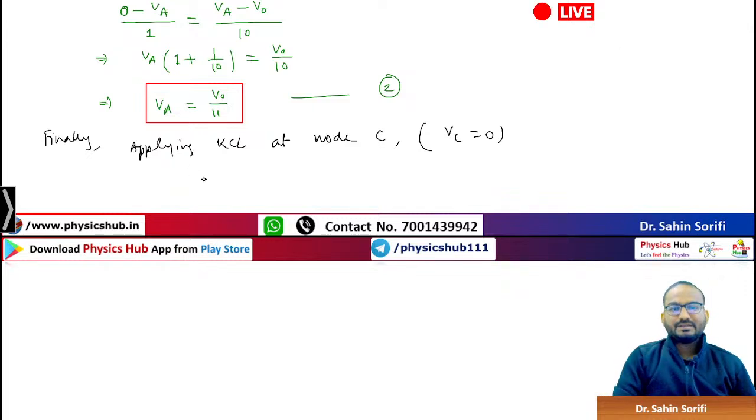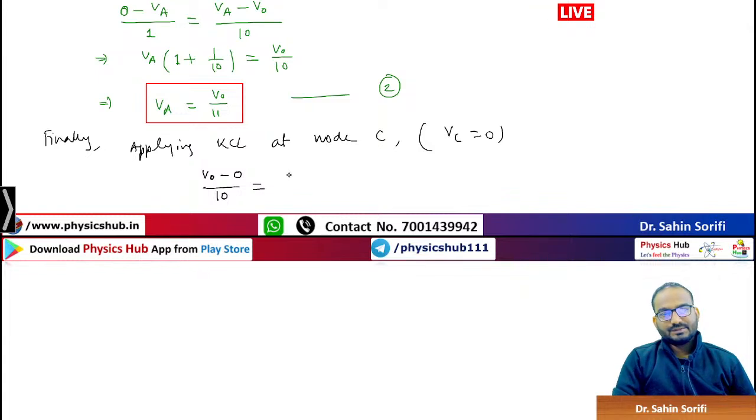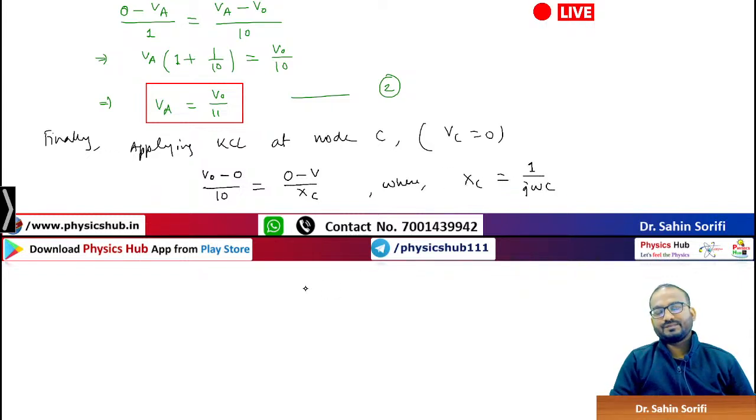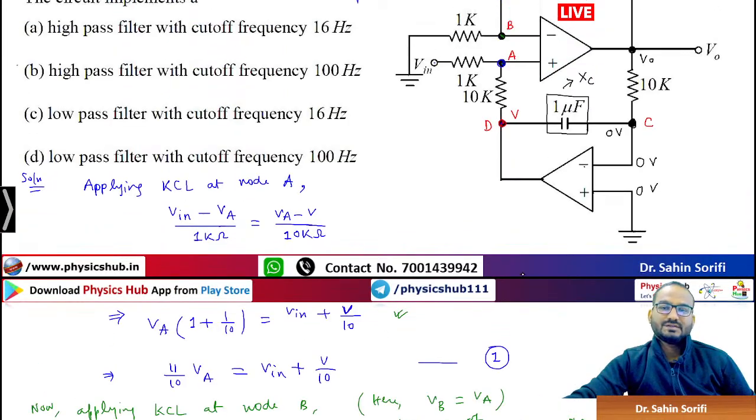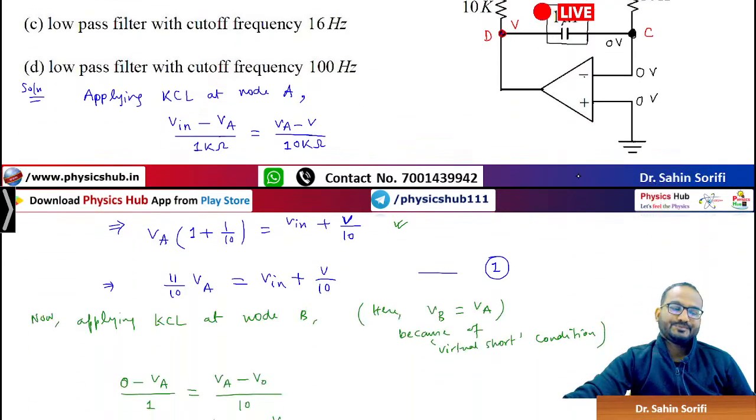We can write (V0 minus 0) divided by 10 equals (0 minus V) by XC, where XC equals 1 upon j omega C, where C is your 1 microfarad.